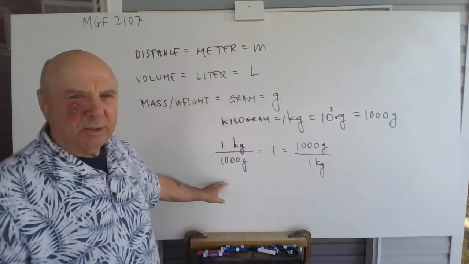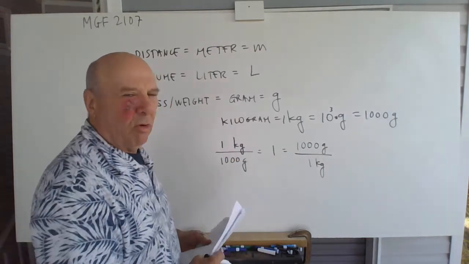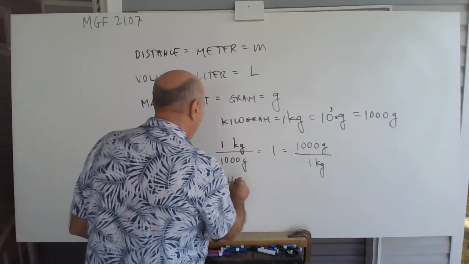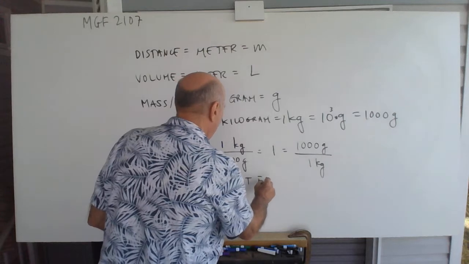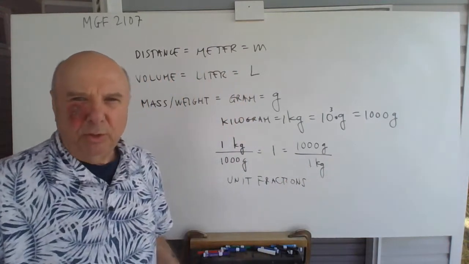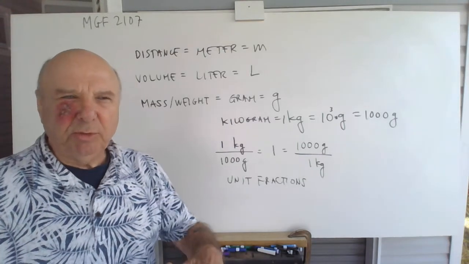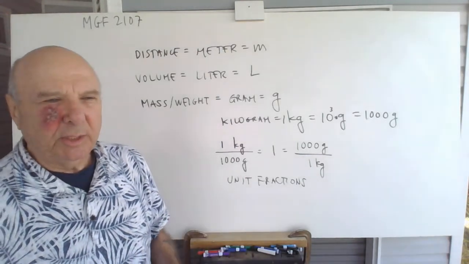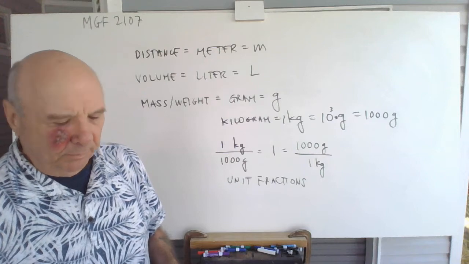So both of these fractions on the left and the right are what we call unit fractions. And that's how we're going to be able to manipulate and change designations.